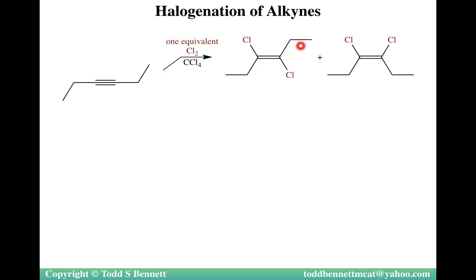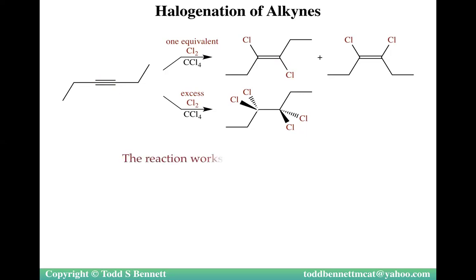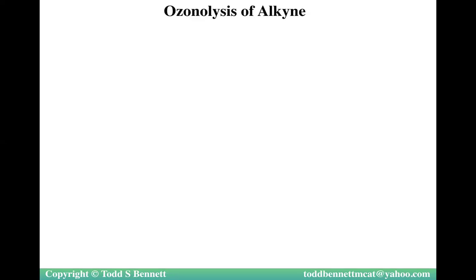This one's going to be the more favorable one because there's less steric hindrance, but you can also get this. This would go through the same coordinated mechanism. If you add more than one equivalent of Cl2, then you start getting complications with multiple additions. But again, it always adds to the same carbon, ClCl and then ClCl. Okay. Works with Br2 in CCl4 as well.